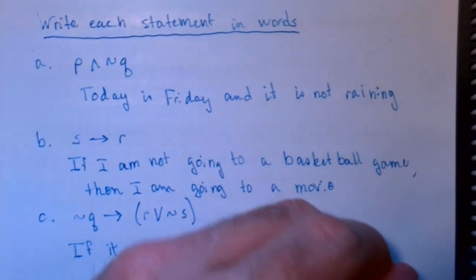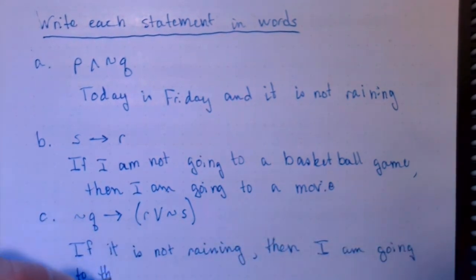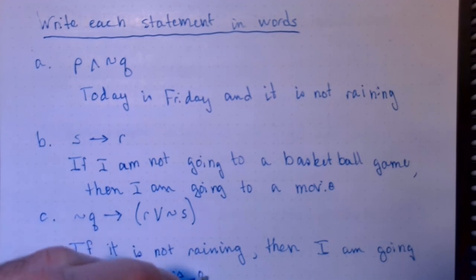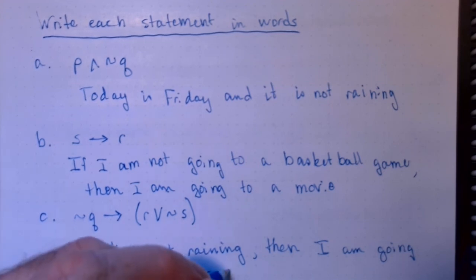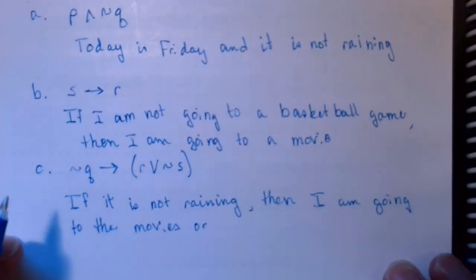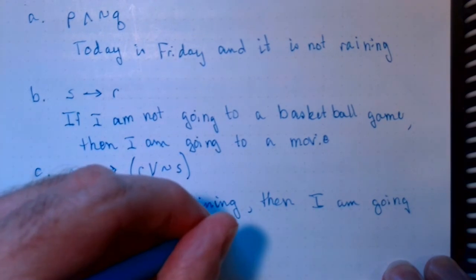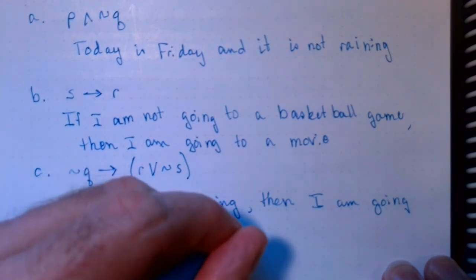I am going to the movies. Or, now you remember S was, I am not going to a basketball game. This is not S. So that means I am going to a basketball game.